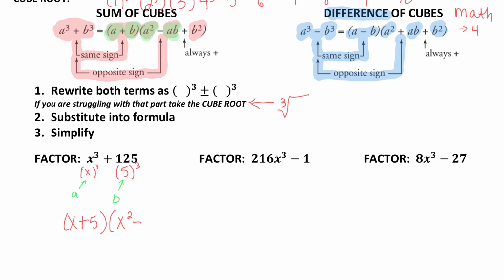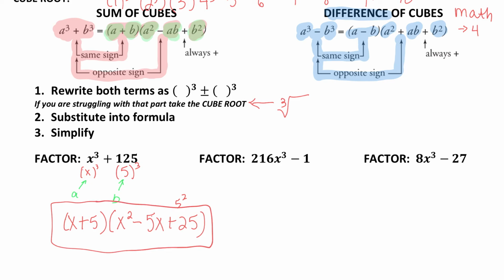If I do X times 5, that's going to be the same thing as 5X. And then you're going to do your B squared. My B was 5, so if I do 5 squared, that gives you 25. So plus 25. And then these are your factors. Okay, so again, you're just plugging into that formula.